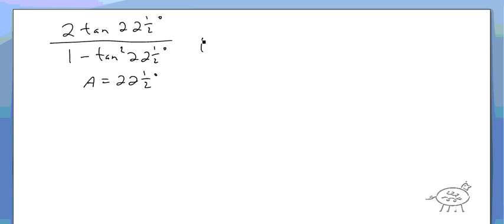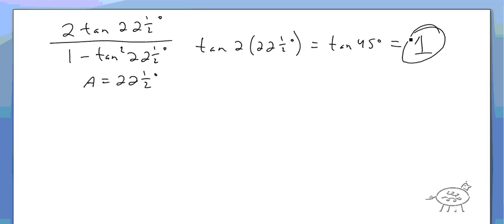So that is just a double angle. So it's tangent of 2 times 22.5 degrees, which is tangent of 45 degrees. And we all know tangent of 45 degrees is 1. That's your answer. So that's using the double angle.